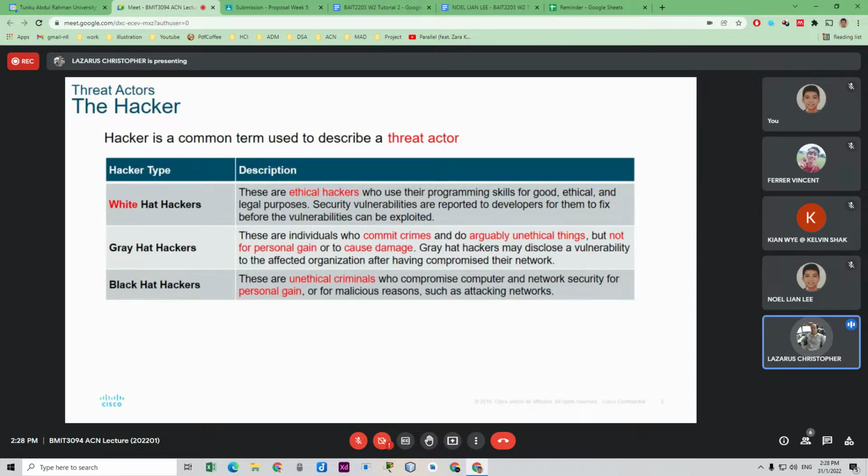Okay, and then we have the extreme end, which is the black hat hackers. These are criminals. They really do it for the money, for their own personal gain, or for malicious reasons, right? Whether it's for money or ideology, they want to impose their ideology. They don't like you. They think that your company is producing too much carbon dioxide and killing the planet, and then they DDoS your site, distributed denial of service, or they deface your website, right?